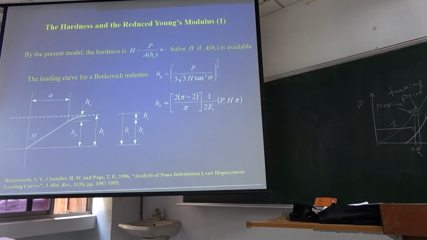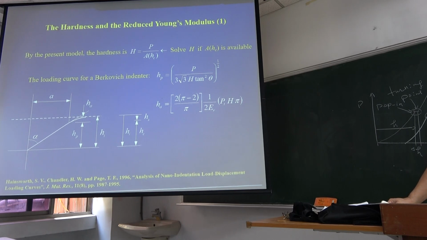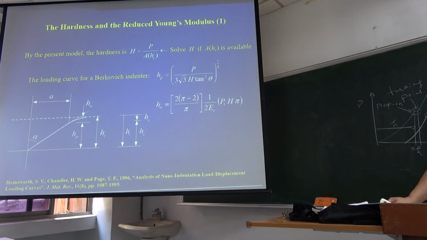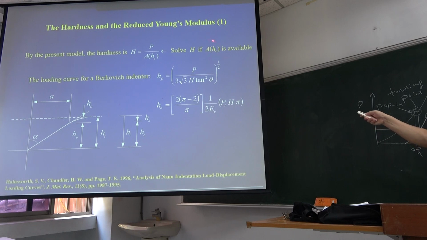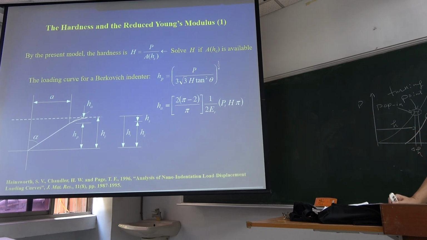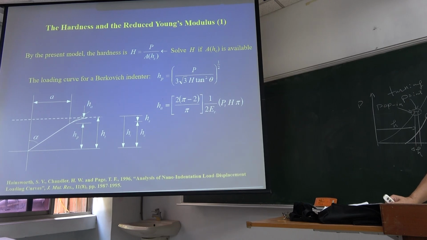So in the future, when you measure your thin film material property or your mechanical property, you have to identify first the load you apply, and second the indentation depth you apply. You have to mention these two properties.